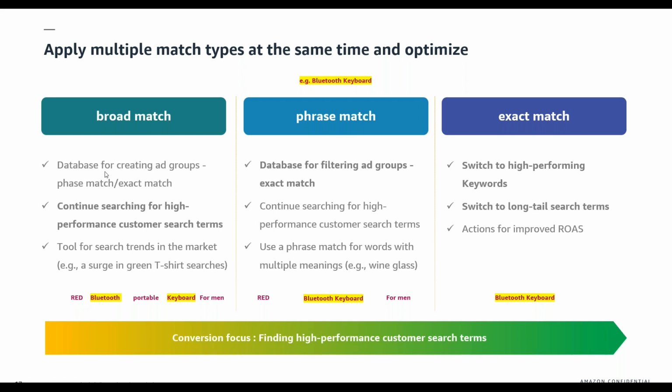So the pros of broad match is that it functions similar to automatic targeting. It's a database for you to create further ad groups and further better keywords that you put into phrase and your exact match. So it helps you to continue searching for high performance customer search terms. And it's a tool for you to detect trends in the market.